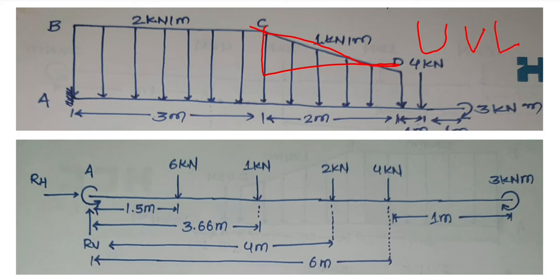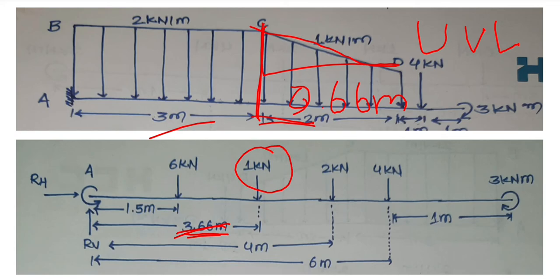It is acting at 3.66 meter. How 3.66 meter? From this point it is 0.66 meter, and this is 3 meter, so 3.66 meter. A force of 1 kilonewton is acting.